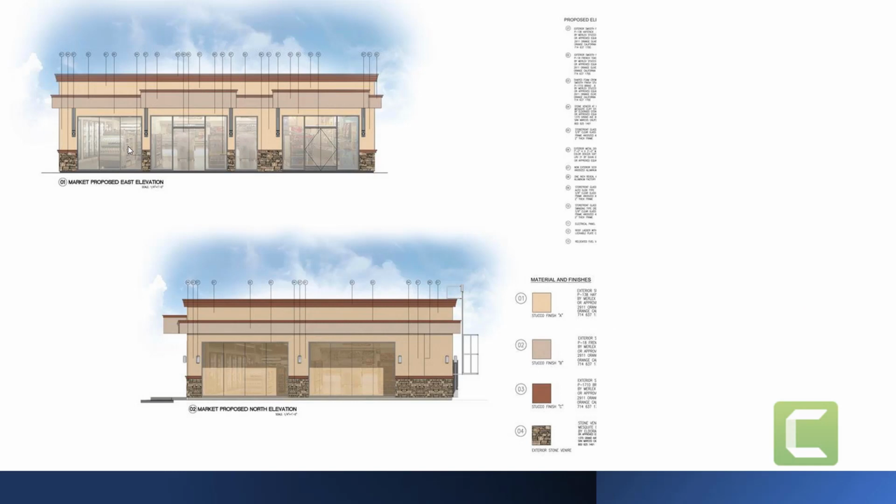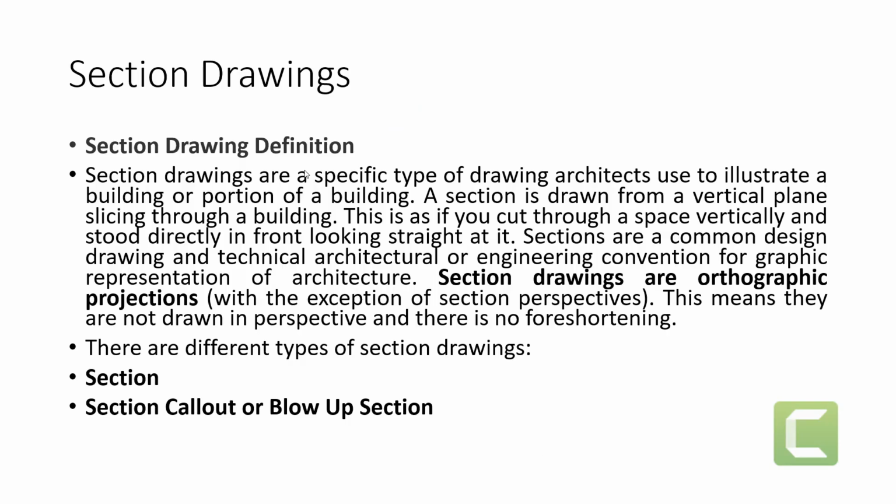And then lastly, elevations do have detail callouts. We do have a lot of materiality and finishes being called out. You can also have wall sections being indicated here, how the building's being cut, which leads us to section drawings. So what we're going to draw from this point on is going to be a section interior elevation. We're going to cut a section through our building and look on the inside.